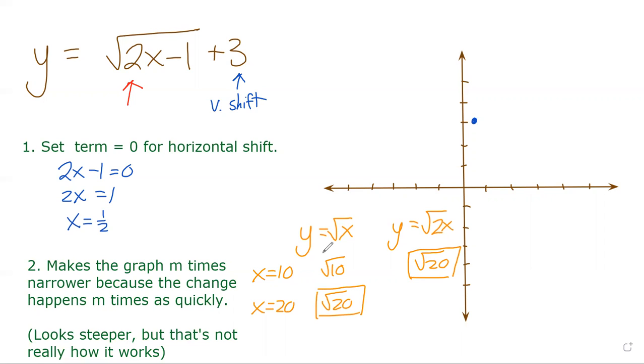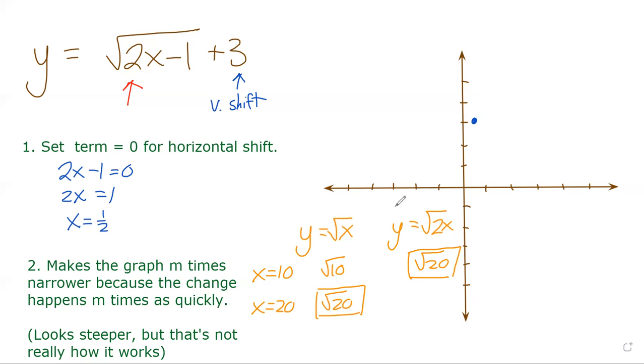I'll go through this a couple times because this is a really key part, and I want to make sure that we get it. To see this amount of change in this graph, to go up by root 20, we have to go all the way from x equals 0 to x equals 20.